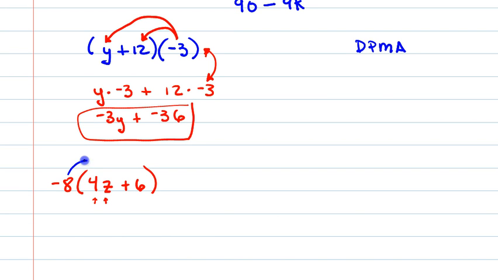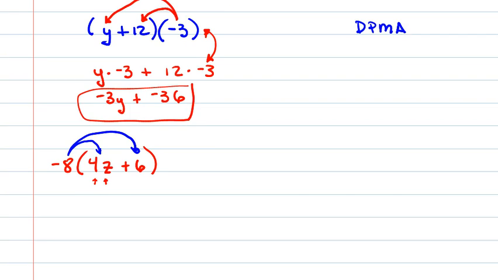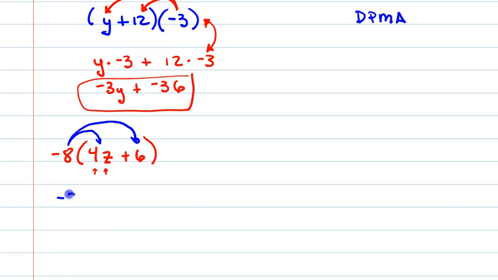Well, again, we have addition and multiplication, so we're going to distribute our negative 8 across the addition sign. Negative 8 times 4z plus negative 8 times 6. What is this called? The left distributive principle of multiplication across addition.